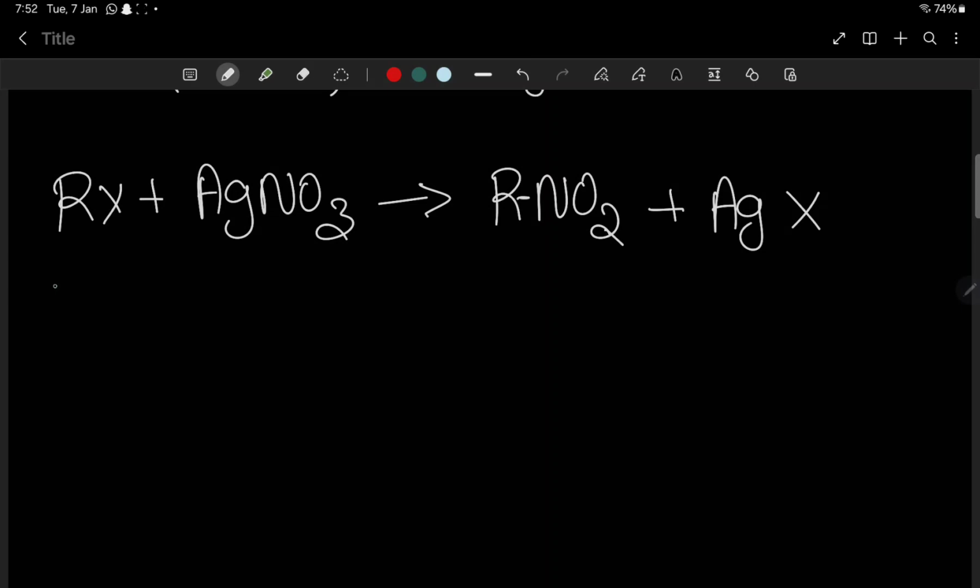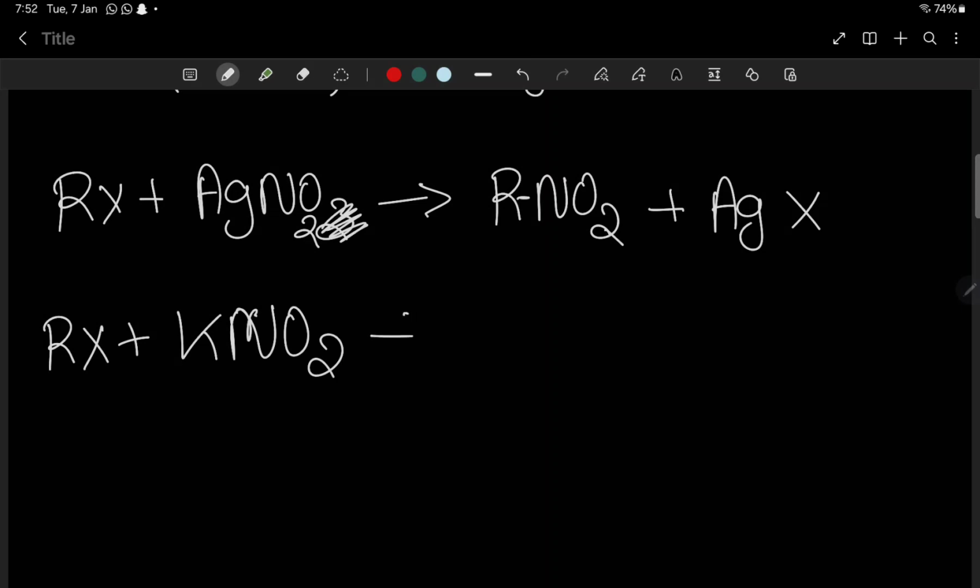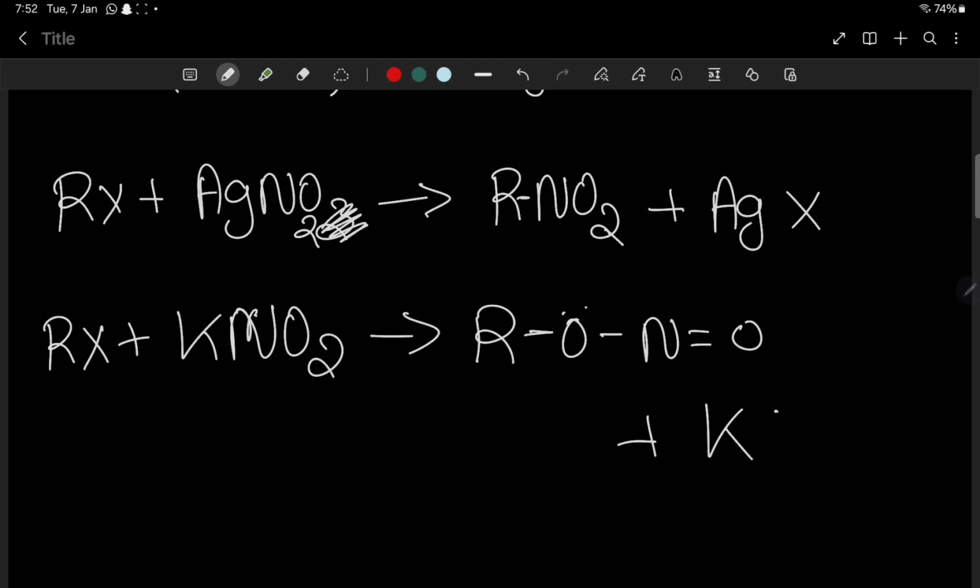Now RX plus KNO2, that is potassium nitrite, we get R-O-N-O plus KX. This is also an important reaction. Just note it and keep it.